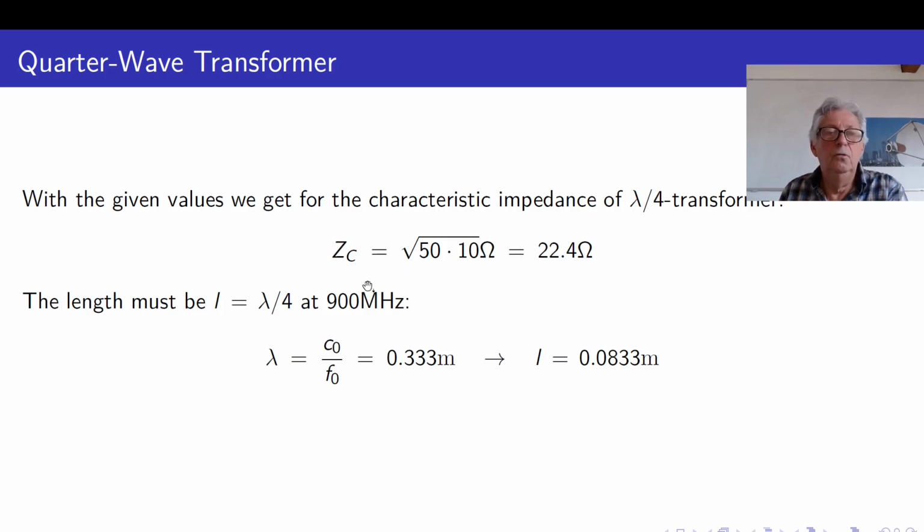And if I want to have that the quarter wave transformer works at 900 MHz, we can calculate the wavelength. So at the moment we assume here an air-filled transmission line, so the wavelength will be equal to c0 over f0.